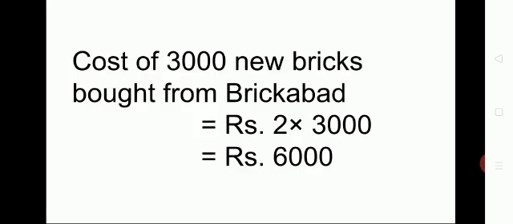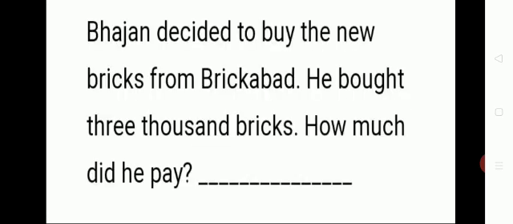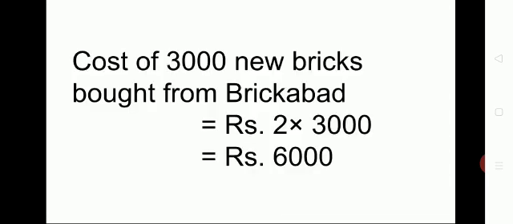Next, tens place, 0 threes are 0. Then hundreds place, 0 threes are 0. Then thousands place, 2 threes are 6. So how many rupees do you get? 6,000 rupees. So how much did he pay? Rupees 6,000. Note down the answer, rupees 6,000.